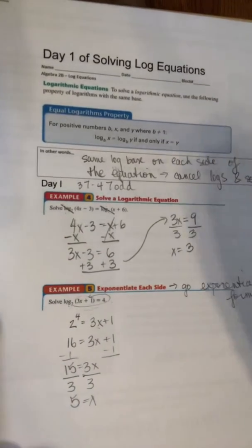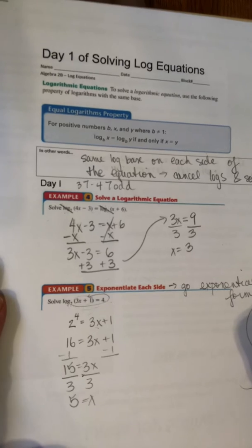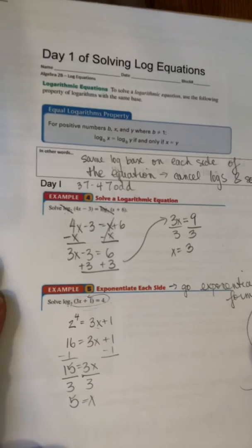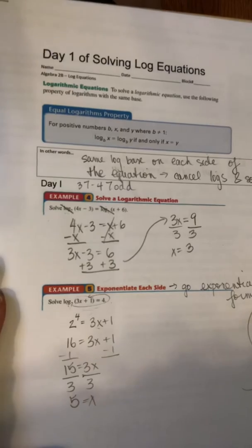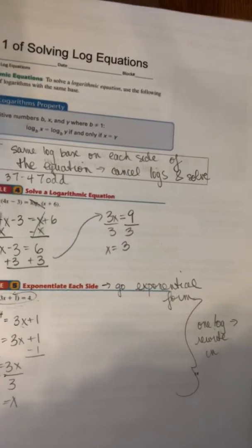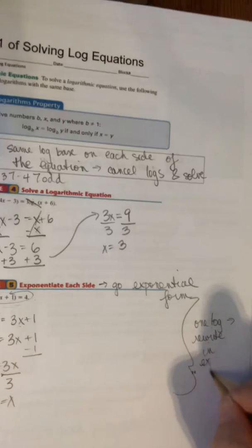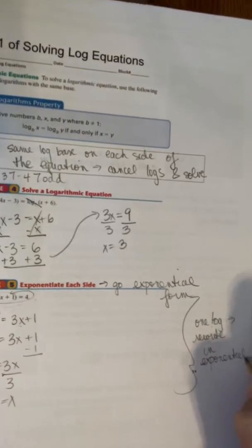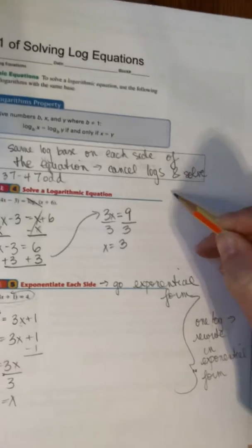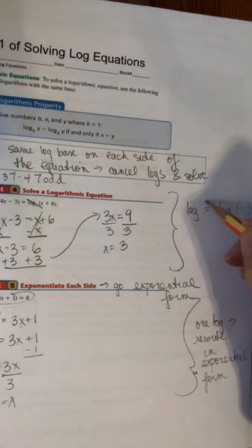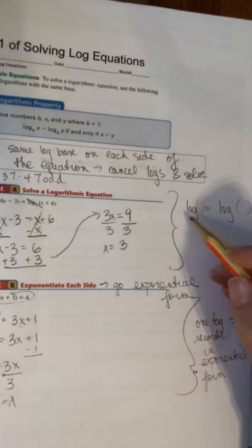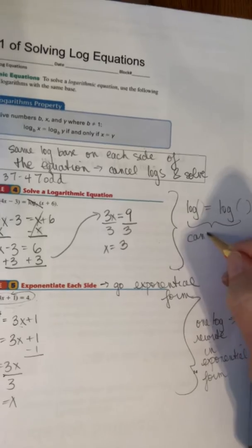All right, so what you want to see, if there's one log, we're going to rewrite in exponential form. If it's log equals a log, and we have some expression in both cases, we cancel the logs and solve.